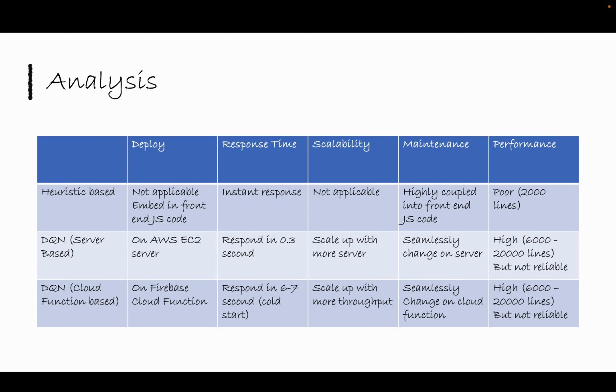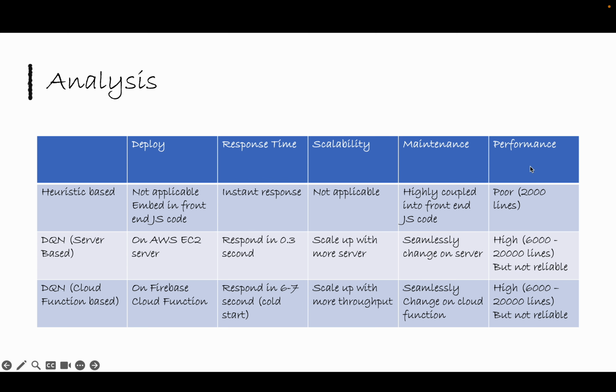And as for the DQN deployed on the cloud function, sometimes it takes a lot longer, for example, 6 to 7 seconds. That's purely because for the cloud function, if nobody is calling it, the resources would be released after some time, and we call it cold start. So sometimes it takes a lot longer to respond.